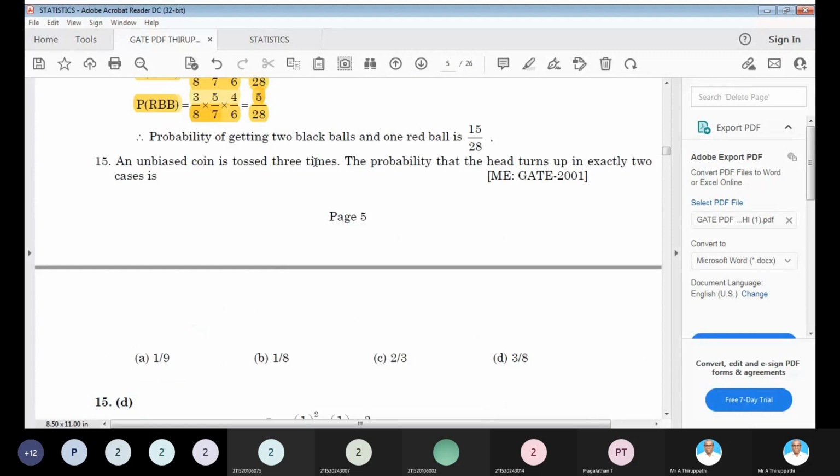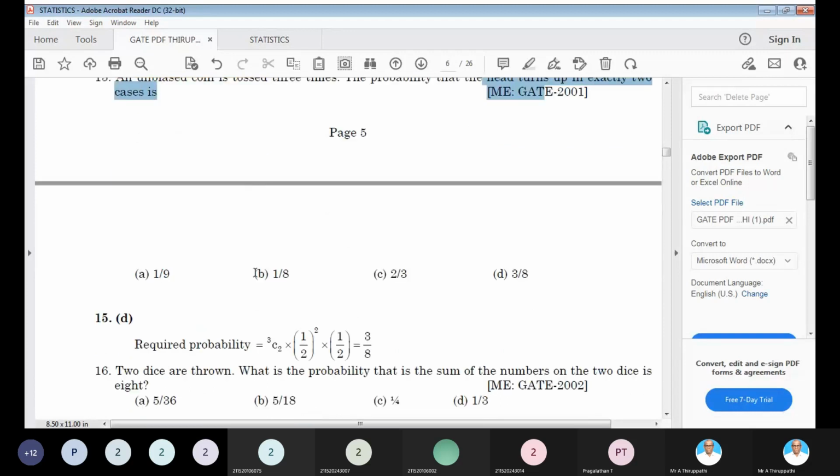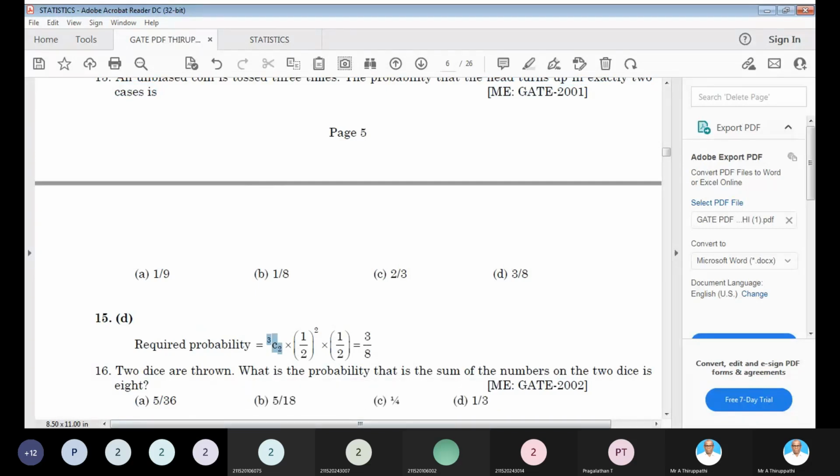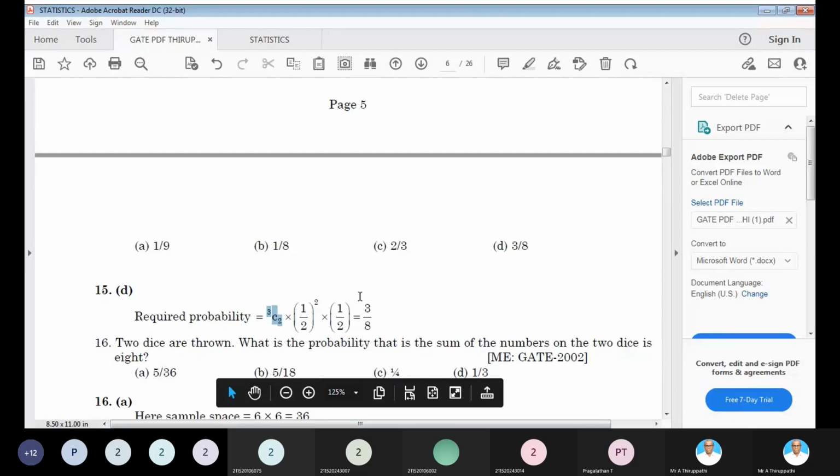Head turns up, so the probability of head is the success. P of head is equal to 1 by 2. So nCx p power x, q power n minus x, with n equal to 3 and x equal to 2. 3C2.